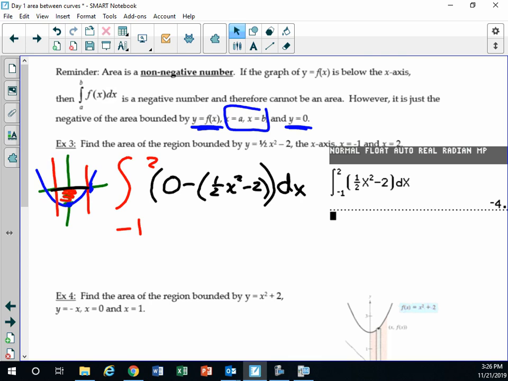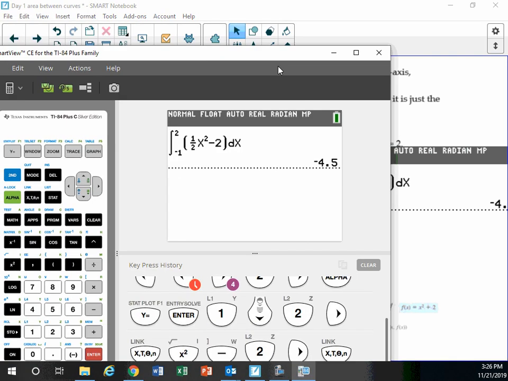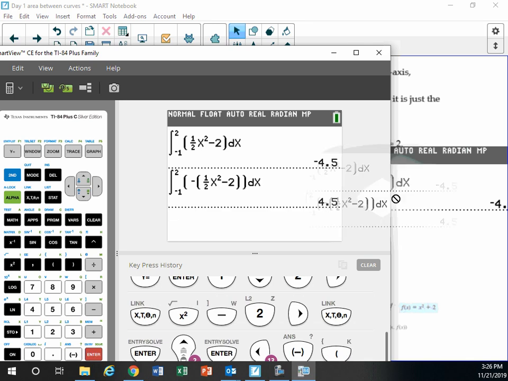And if you haven't guessed already, I'm going to put a negative parentheses right here, because 0 minus, and oh, look what it did.